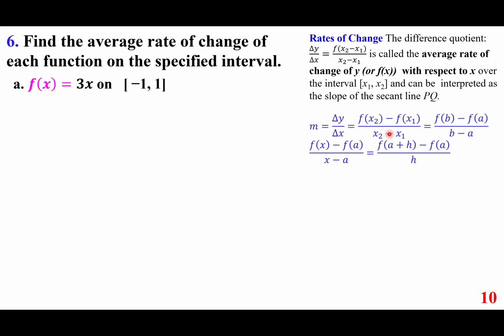The best one is to look at this one. This is the beginning, this is the end. F of x2 minus f of x1 over x2 minus x1 means f of 1 minus f of negative 1 over 1 minus negative 1. So now what is f of 1? I replace the x with 1 and I get 3 times 1. What is f of negative 1? 3 times negative 1.